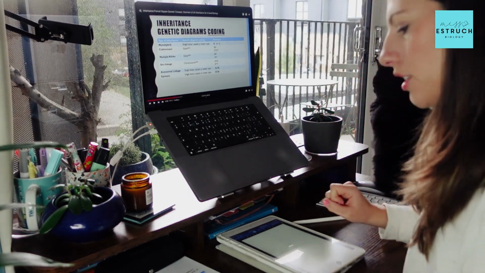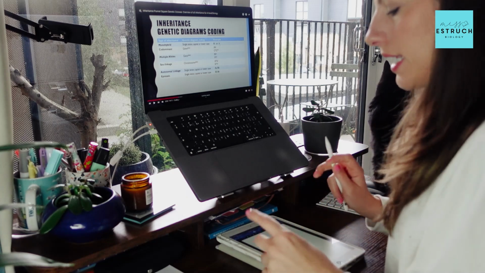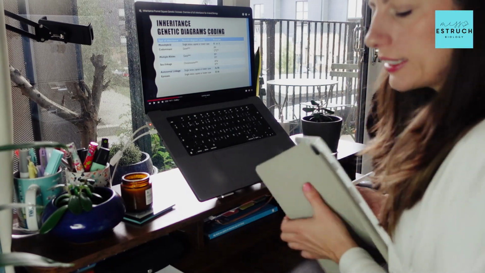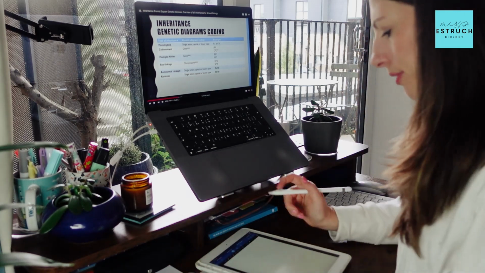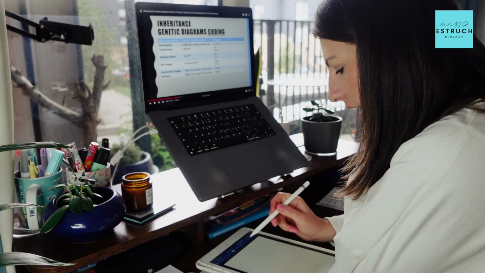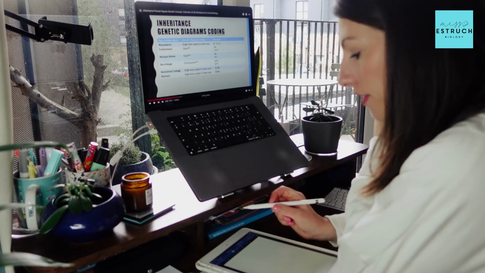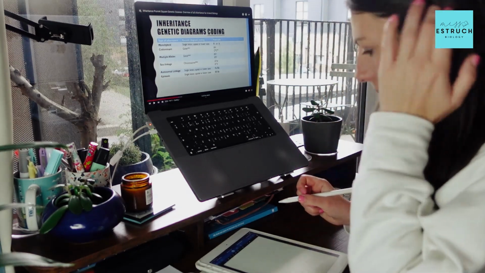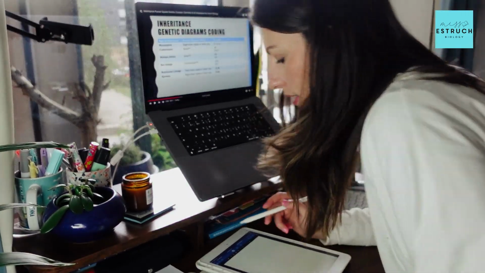So what I might do then at this point, so that I'm not just being too passive, is see if I can now remember all of the different types of inheritance and write down the coding. So that's what I would then have a go at for this bit.